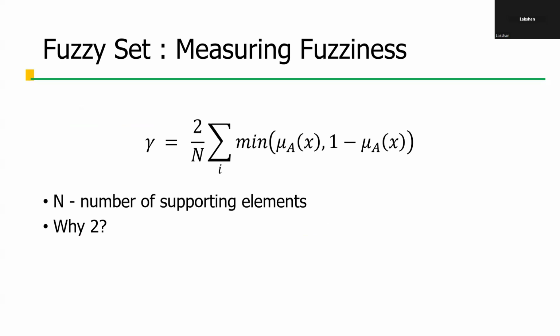Then when it comes to a fuzzy set, you need to measure the fuzziness of the fuzzy set. For that, you have this equation. You will be taking the minimum of either the membership function or the complement.